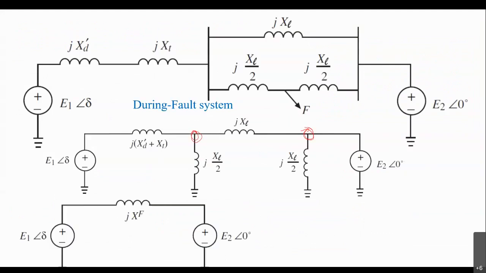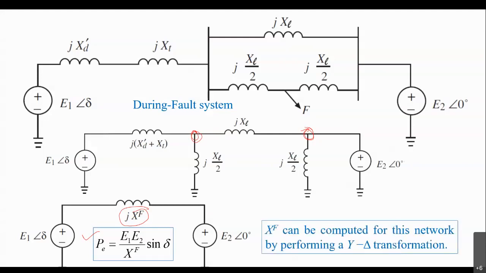Finally we get the equivalent reactance XF during the fault, and the electrical power output during the fault will be E1 E2 by XF sine delta, where XF can be computed for this network by performing Y delta transformation.